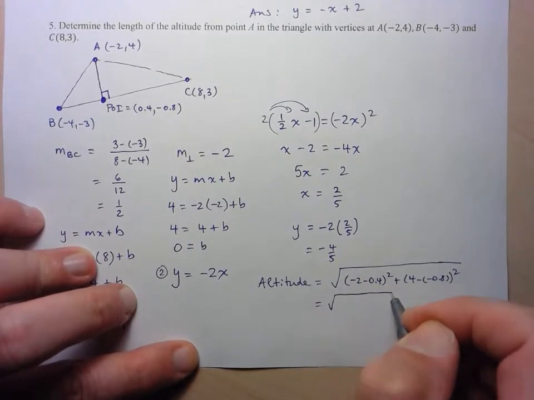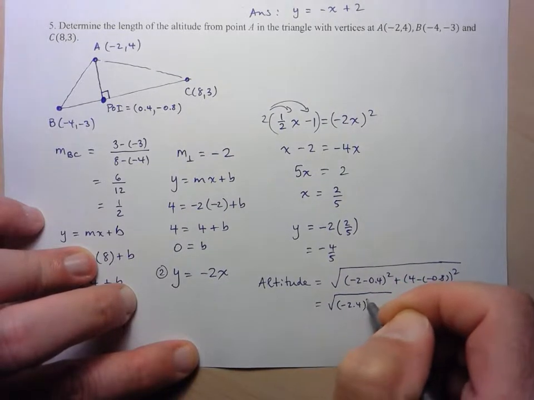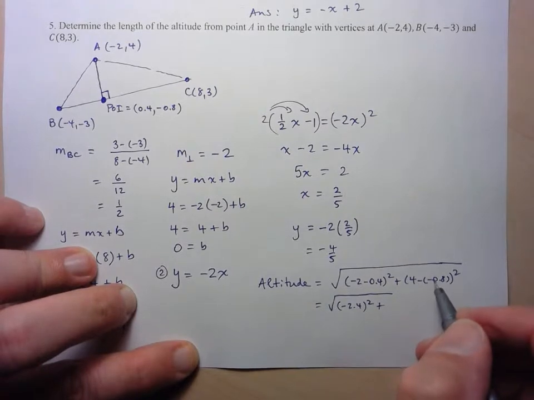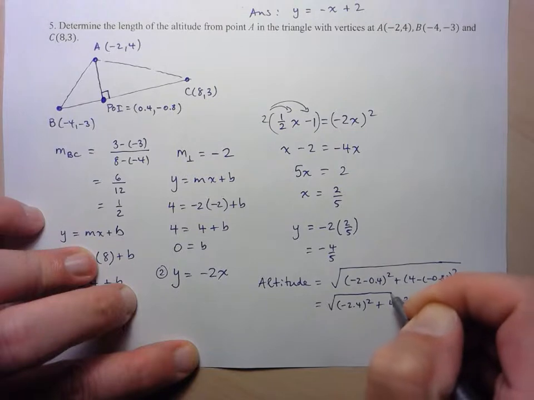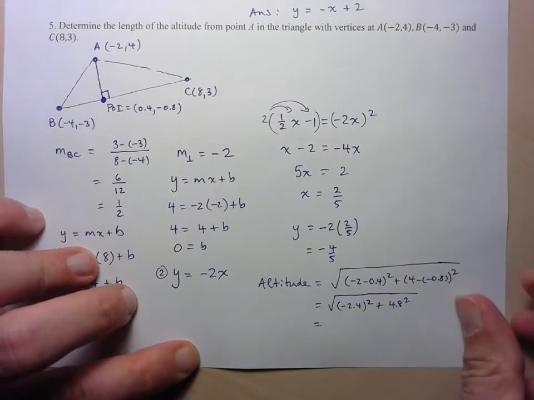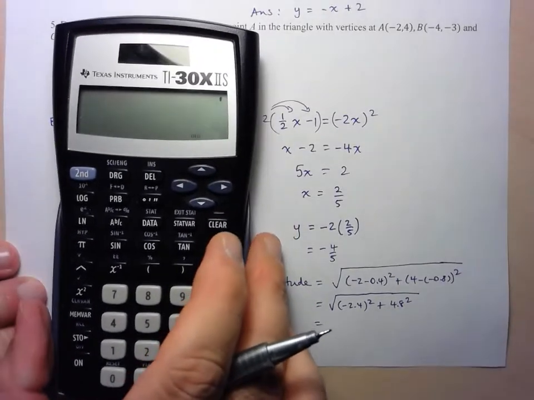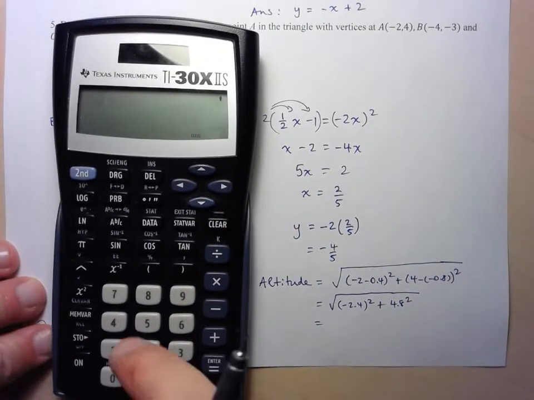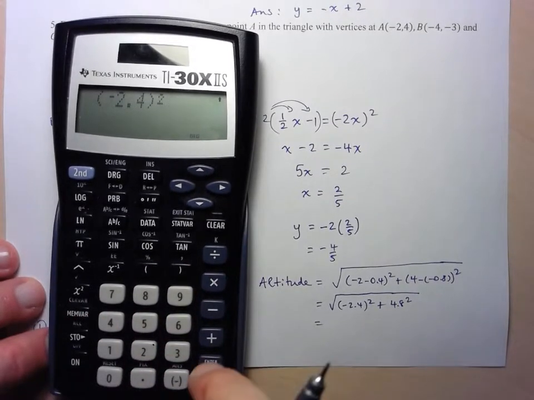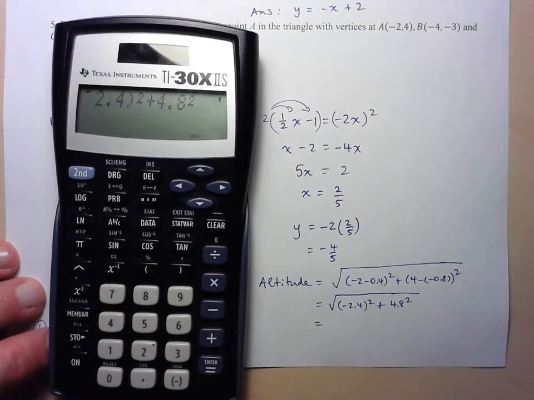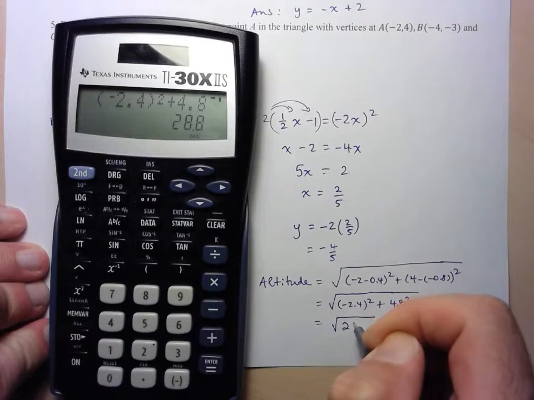So square root of negative 2 minus 0.4 is negative 2.4 squared plus 4 minus negative 0.8 is 4 plus 0.8, so 4.8 squared. Okay, and I think at this point I'm going to use my calculator to simplify that. Okay, calculate that for me. So we have negative 2.4 squared plus 4.8 squared is equal to 28.8. So we have the square root of 28.8.